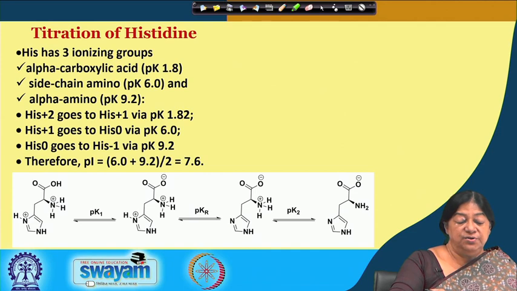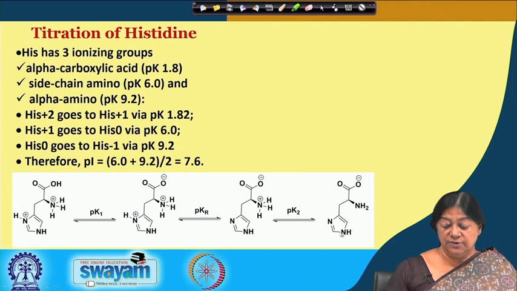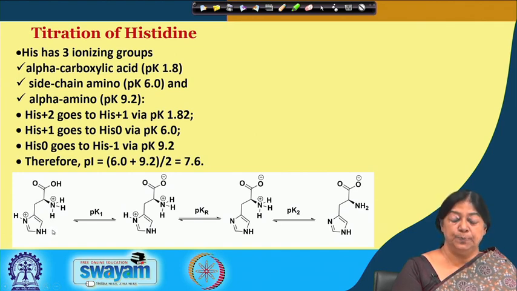We have the 3 ionizing groups. What are these? The alpha carboxylic acid, the side chain amino acid and the alpha carbon. Now, if we look at the charges again, these are the structures of the histidine molecules. When we have the pK1 value, we know that we have 2 positive charges being a basic amino acid. So, the total charge here is +2.